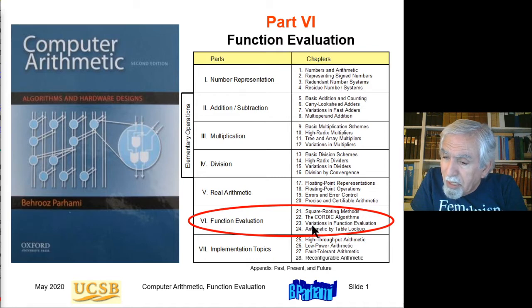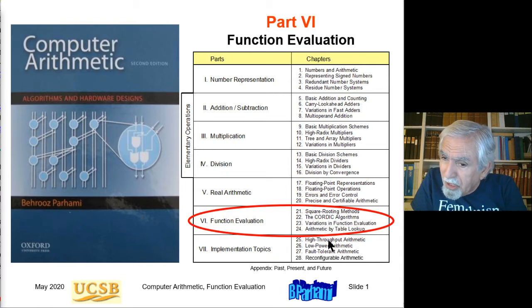Now, I'm going to be skipping chapter 23, variations in function evaluation, and chapter 24, arithmetic by table lookup, which is becoming increasingly important as we can afford to build larger and larger tables, given that memory cost has been going down substantially. So those are important topics, but within a quarter, there is no way we can cover everything.